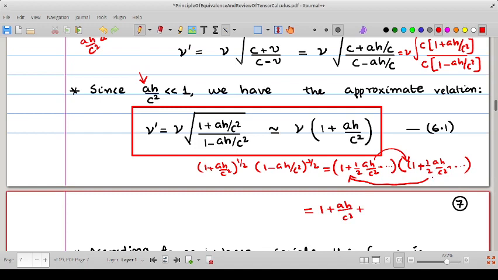So neglecting those, for ah by c square very small, we can approximate nu dash as nu times (1 plus ah by c square).